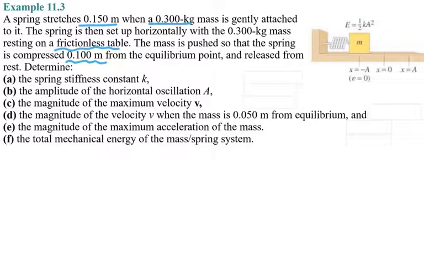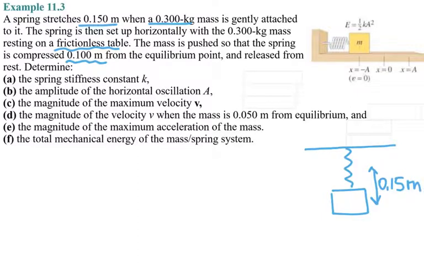To determine the spring stiffness constant K, or the spring constant. In the first question, they ask you to find the spring constant, but when they say that the mass is gently attached to it, they mean it's a vertical position. If I have the mass attached to the spring, it will stretch by 0.15 meters.